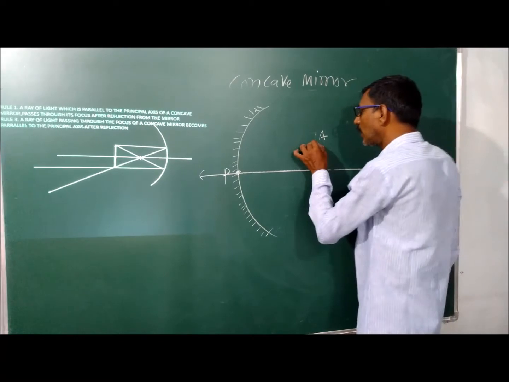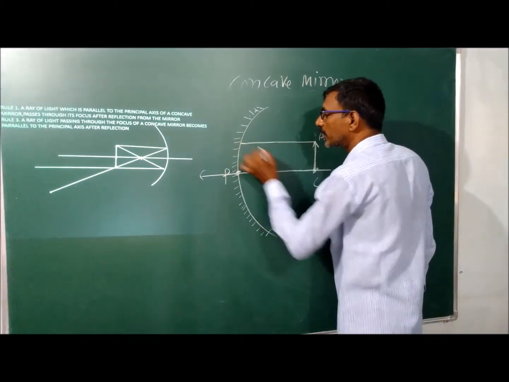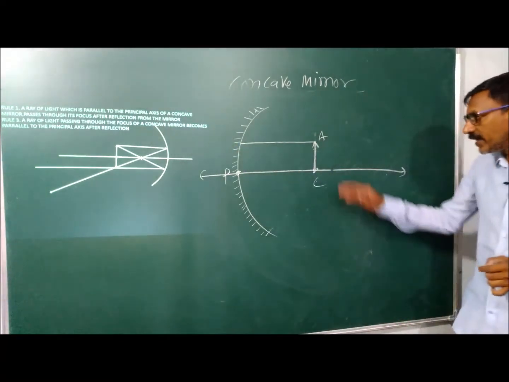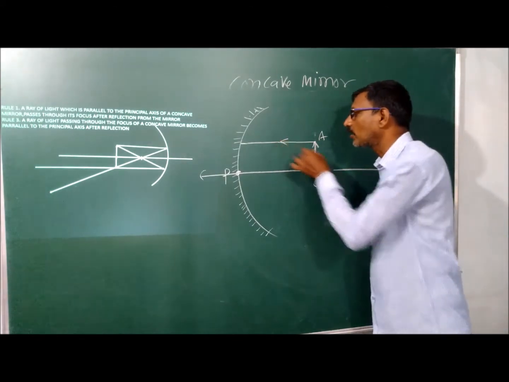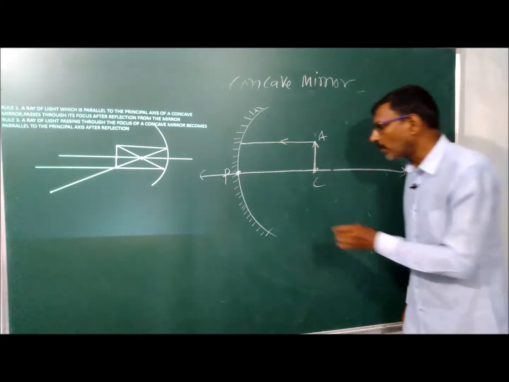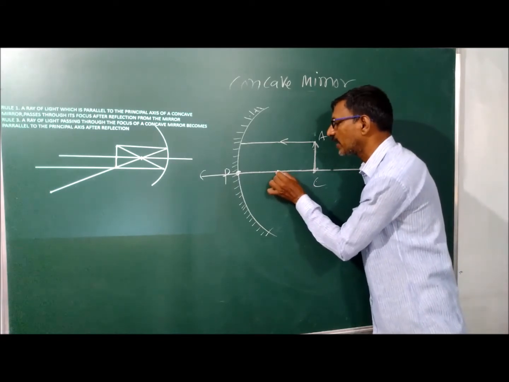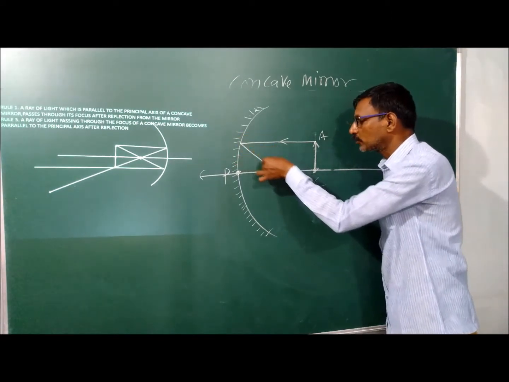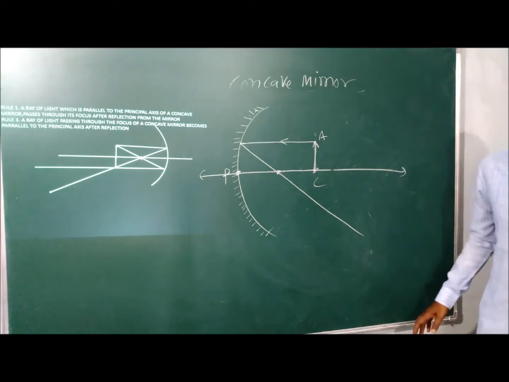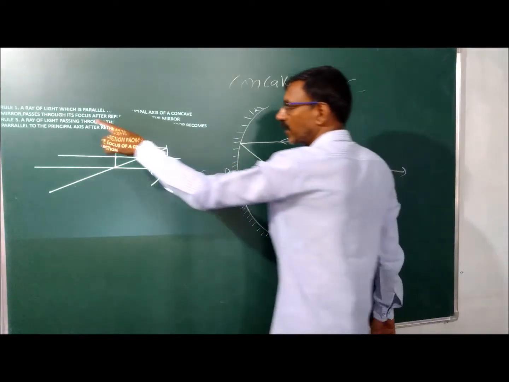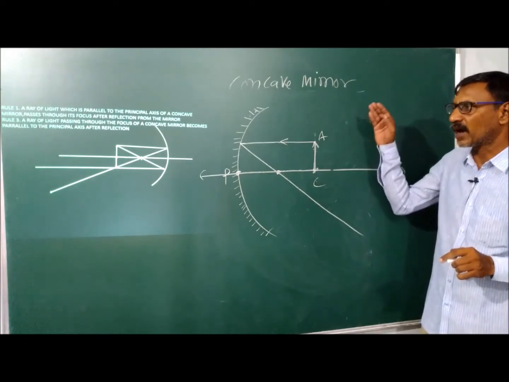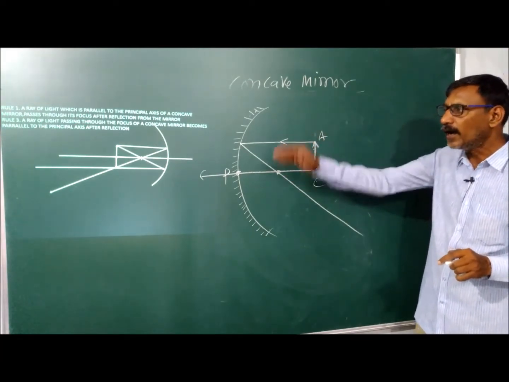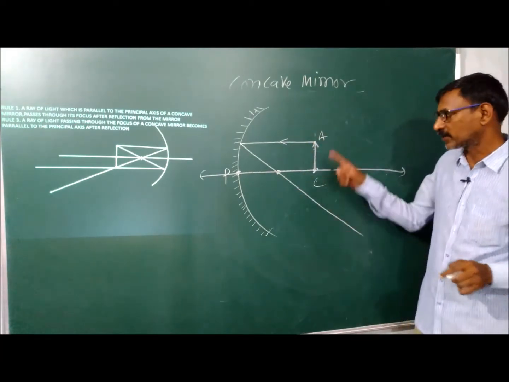I told you clearly, if a light ray travels parallel to the principal axis and bounces back, it exactly passes through the focus. This is my first rule. I already wrote it: a ray of light which is parallel to the principal axis of a concave mirror passes through the focus after reflection.